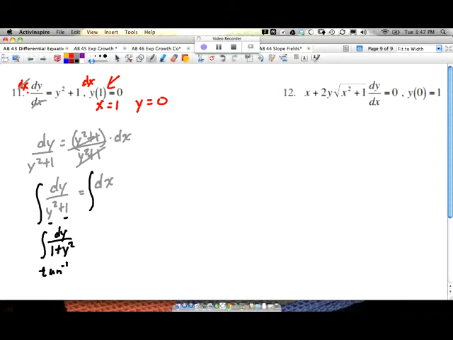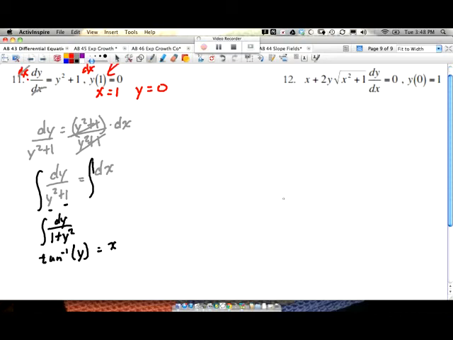So it's going to be tangent inverse of y. It's really y over 1, and out front we'd have a 1 over 1. But tangent inverse of y equals, then what do we got over on this side? Well, the antiderivative of 1 dx is just x. So x equals tangent inverse of y.